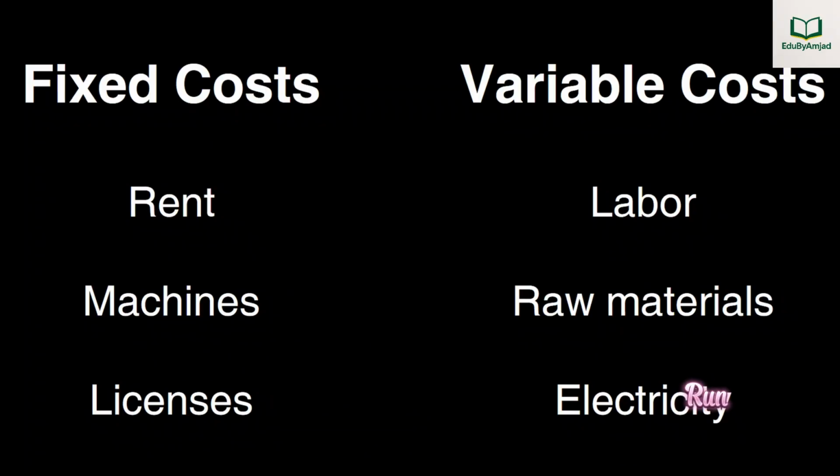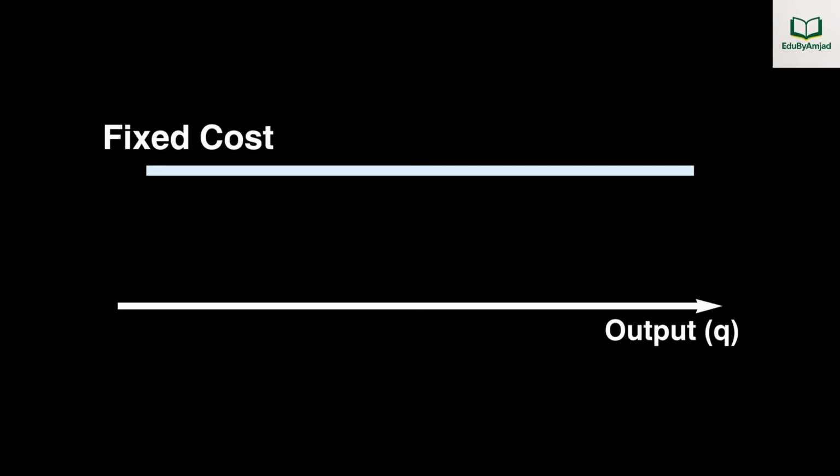In the short run, a firm has fixed costs and variable costs. Fixed costs are already paid. Rent, machines, licenses. These costs do not change with output. So the real question is not, am I making a loss?